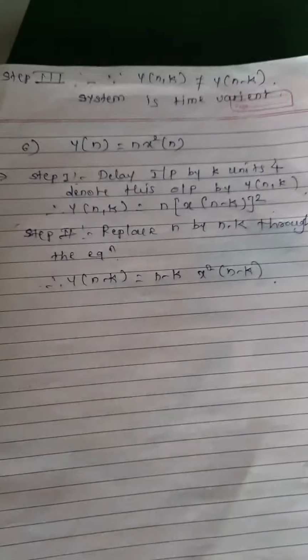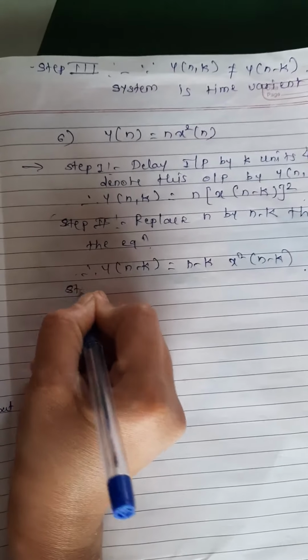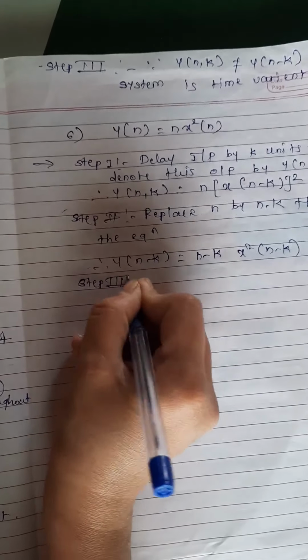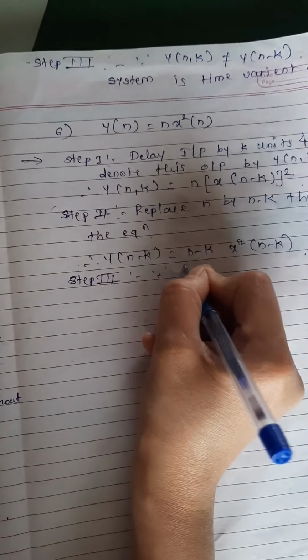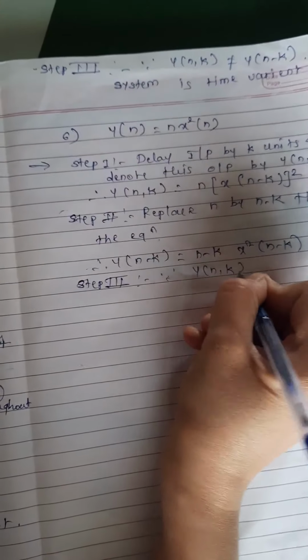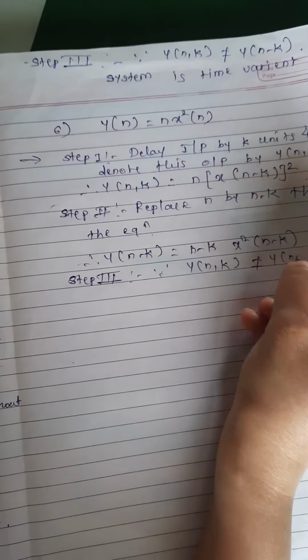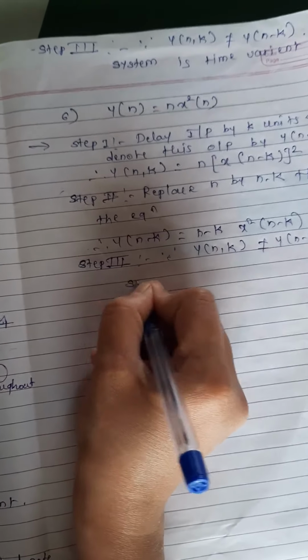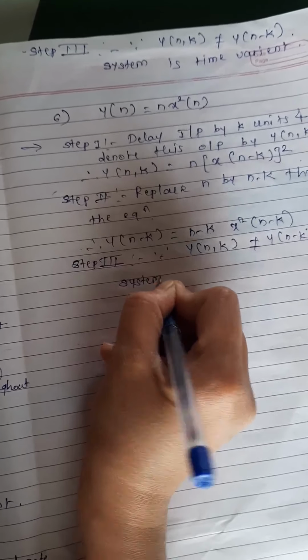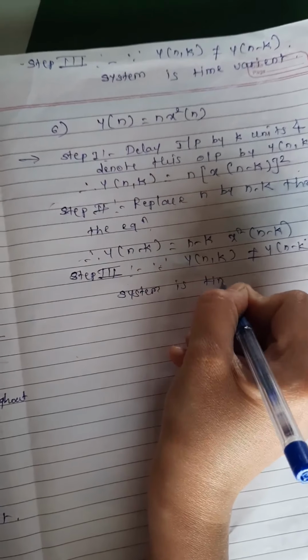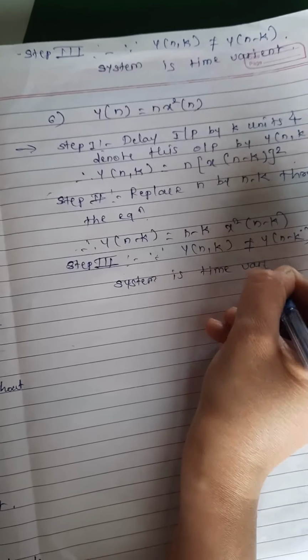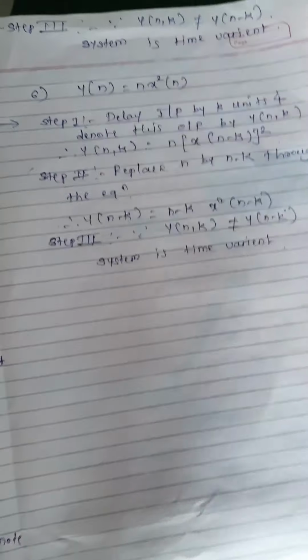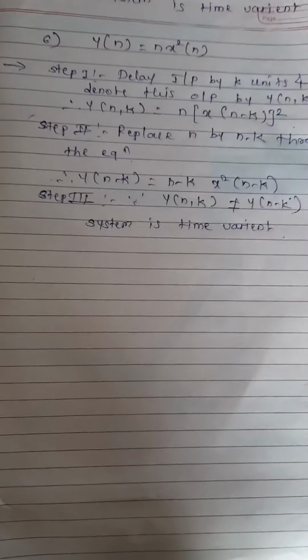And next is step 3. Since y of n comma k is not equal to y of n minus k, the system is time variant. System is time variant.